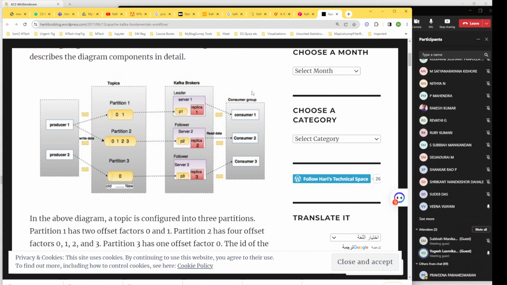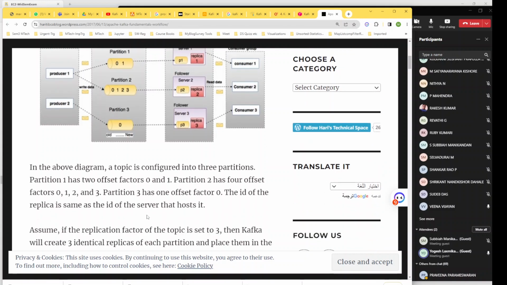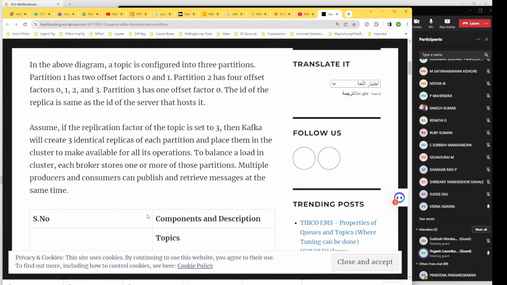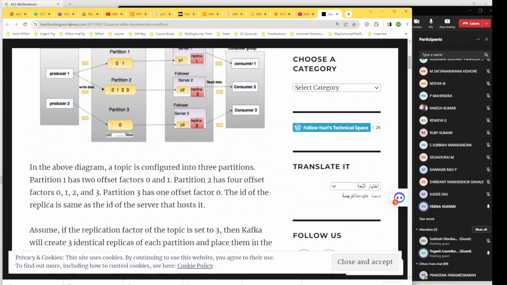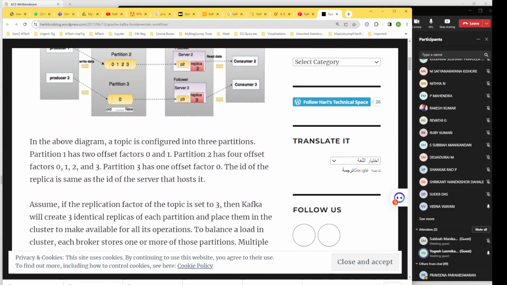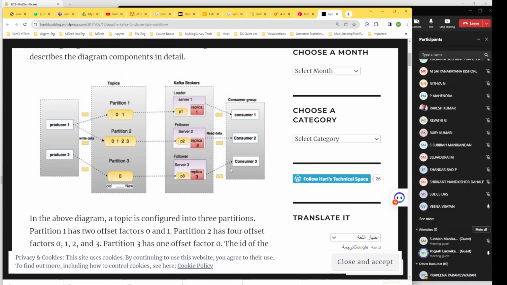Instead they should say replica of P2 or P1, like that. It will be more clear. Because in server 1, P1 and maybe the replica of P2. Then server 2, P2 and maybe the replica of P3, like this. Because the same partition replica cannot be on the same server.